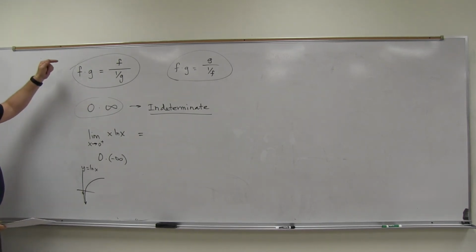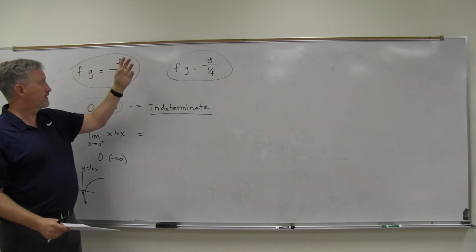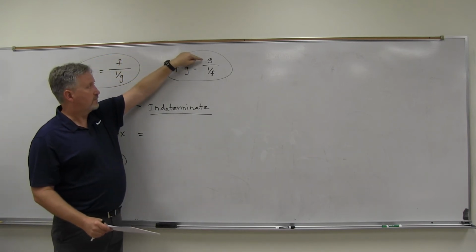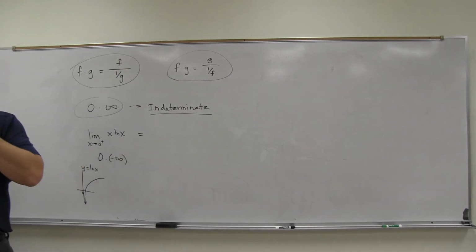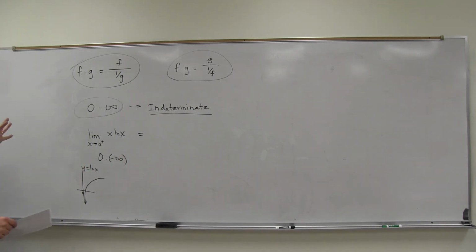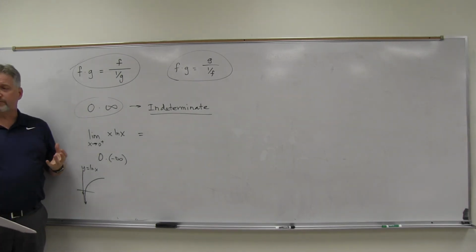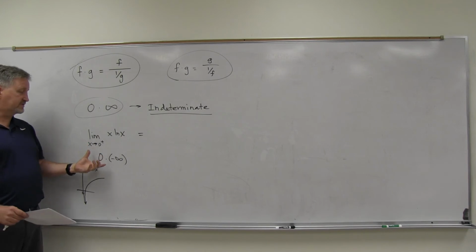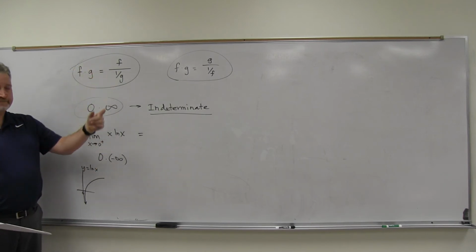You either write f times 1 over g, or f divided by 1 over g, or g divided by 1 over f. Convert it to one of those forms. That's going to set it up probably for your L'Hopital. So if you get this, then use one of those.